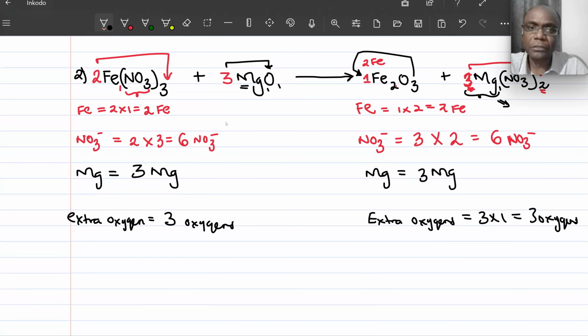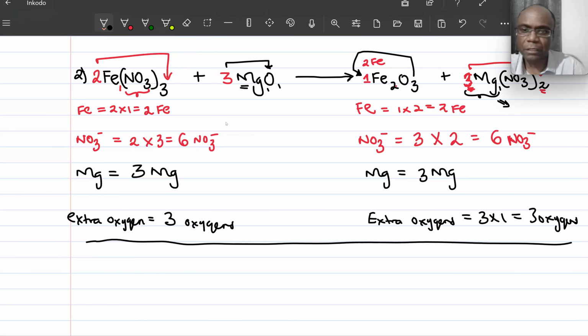Now, if you want to put everything together and see if you have balanced it, to confirm it, because I know I balanced the nitrate as a group, let's start with Fe. On the left side, there are 2 Fe. On the right side, subscript Fe, 2 Fe. Now we go to the nitrogen.